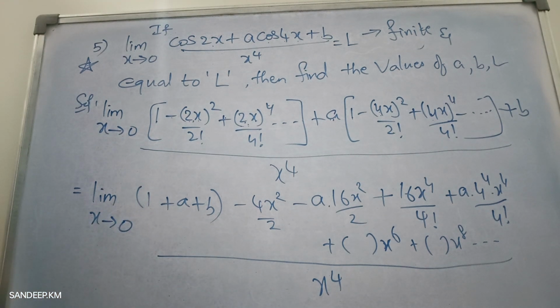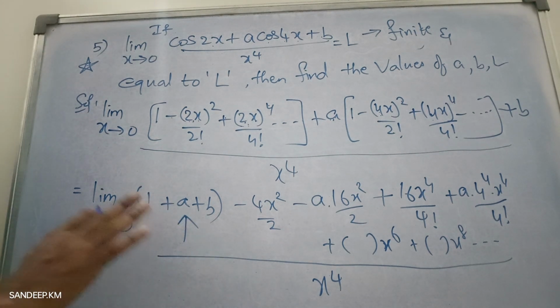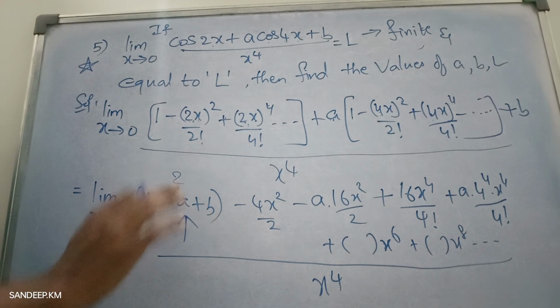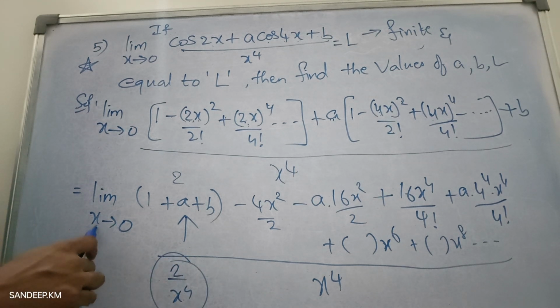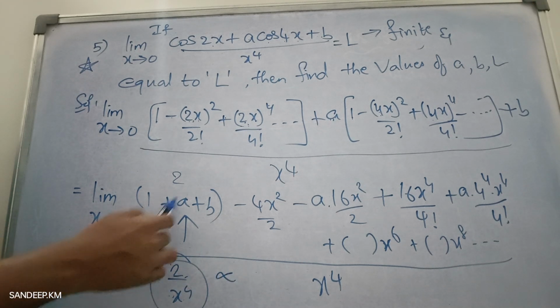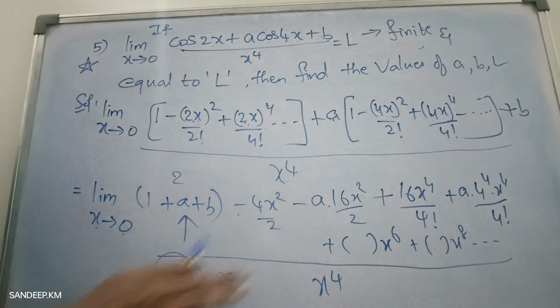Dear students, imagine that this number is not 0. Maybe this number is 2. Then when I separate the common denominator, you will get 2 divided by x power 4. As x approaches 0, 2 by 0 will be infinity. Infinity plus or minus whatever it is, the answer will become infinity.